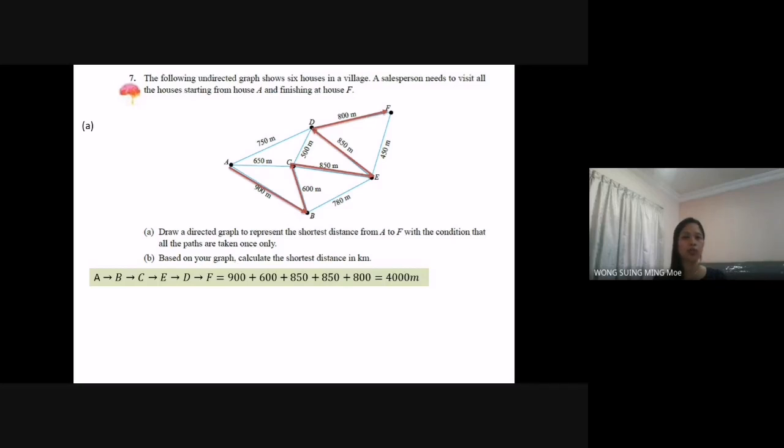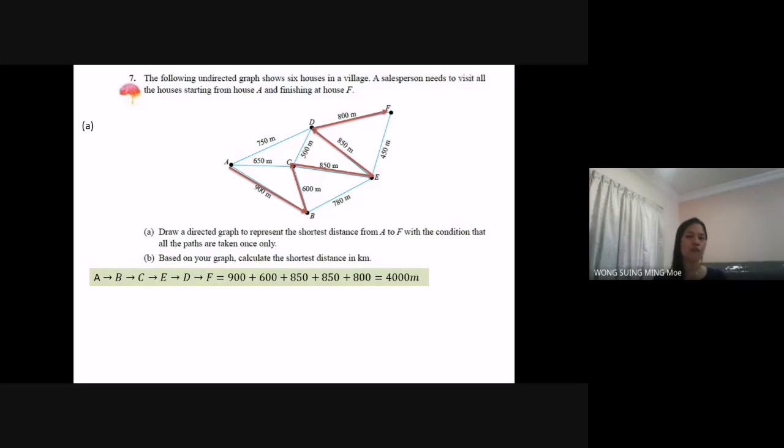Okay, A to B, 900. B to C, 600. C to E, 850. And E to D, 850. D to F, 800. So total is 4,000 meters.